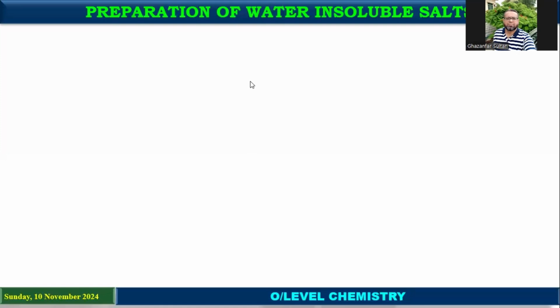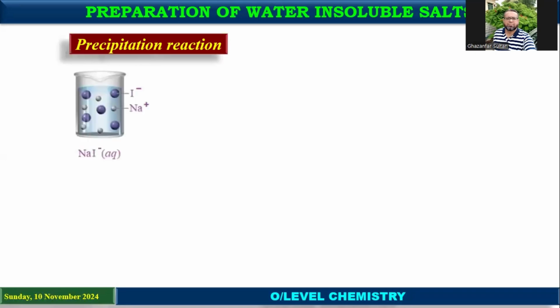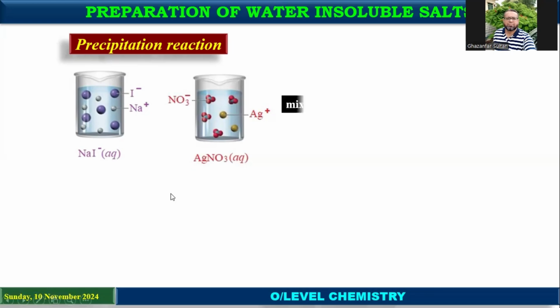Okay, now see how these reactions are occurring within the solution. I'm giving you an example of the reaction between sodium iodide and silver nitrate to get the precipitate of silver iodide. See, it is one of the solutions where sodium iodide is there, and here the silver nitrate is. By mixing, what happens?